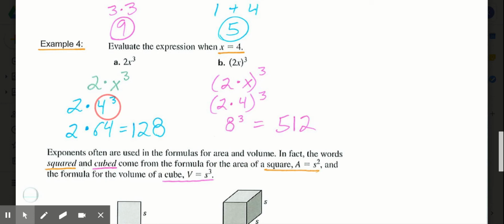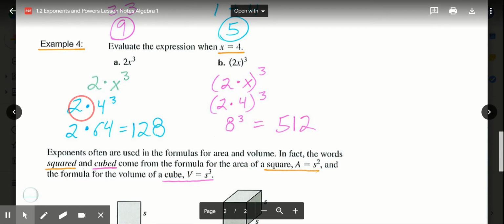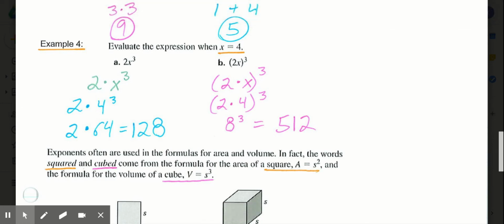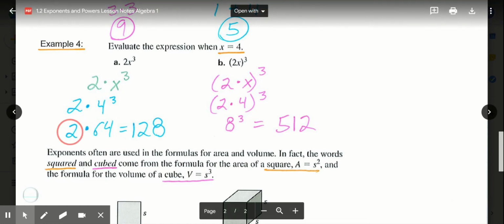So exponents come before multiplication. So I need to take care of my 4 to the third power before I multiply by 2. So 4 to the third power is 4 times 4, which is 16, times 4 more, which is 64. And then to get our final answer, 64 times 2 is 128.